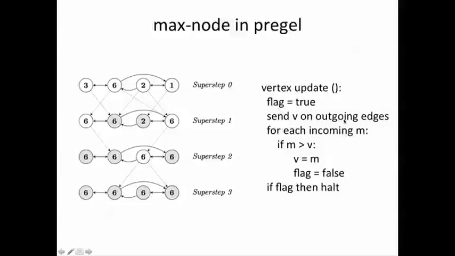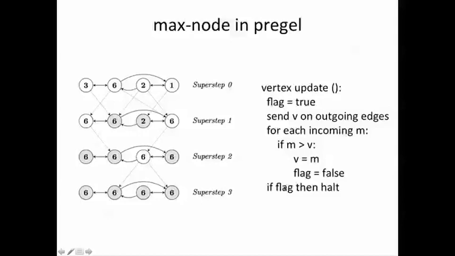You send your value along your outgoing edges and then start receiving values from incoming edges. For each incoming message, if you get a value which is greater than your value, then you replace yourself with that value and continue, and don't halt. But if you did not get any message which was greater than your value, then you halt.